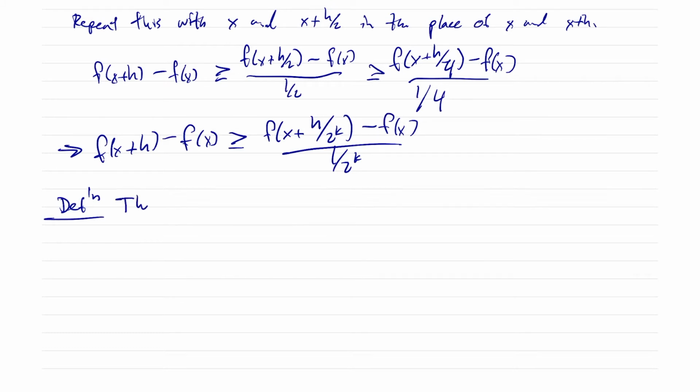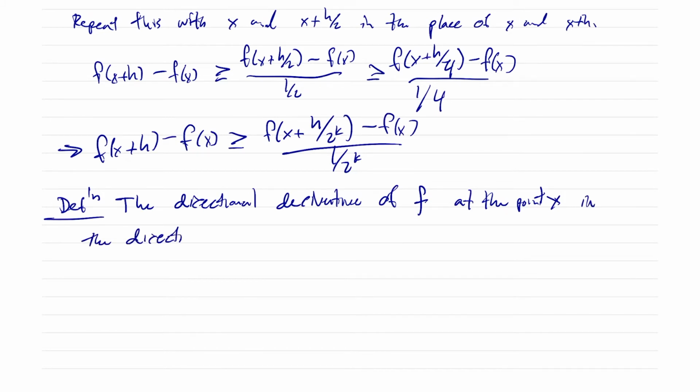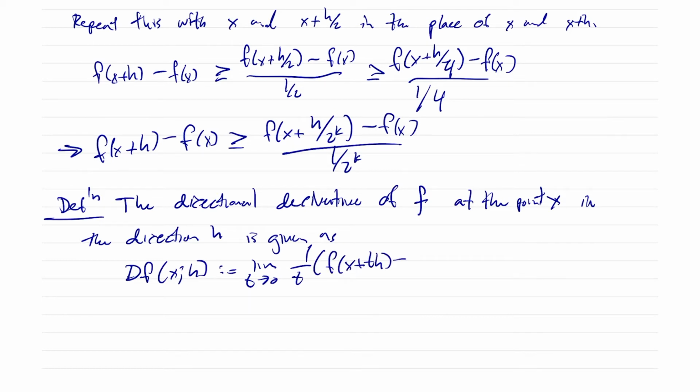We say that the directional derivative of f at the point x in the direction h is given as df(x; h), and this is defined to be equal to the limit as t goes to 0 of 1 over t times f of x plus th minus f of x.